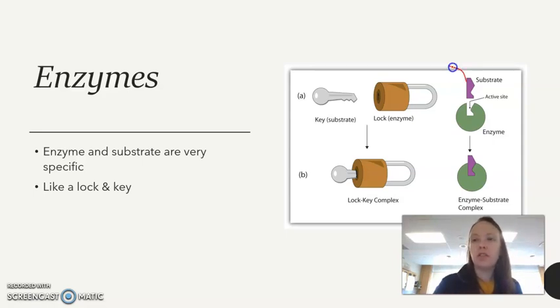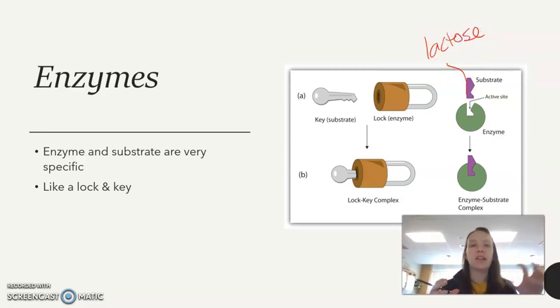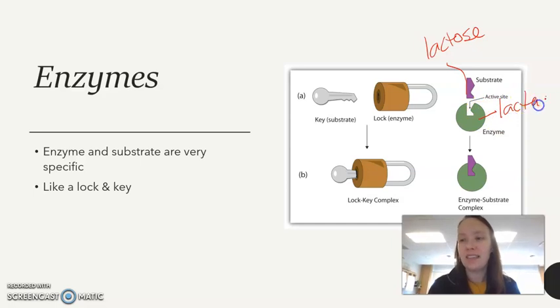So if our substrate is lactose, the enzyme for that is incredibly specific, and its job is to break that disaccharide into two pieces. The enzyme that does that is lactase. So somebody who's lactose intolerant may either not have enough lactase or it may just not function properly.